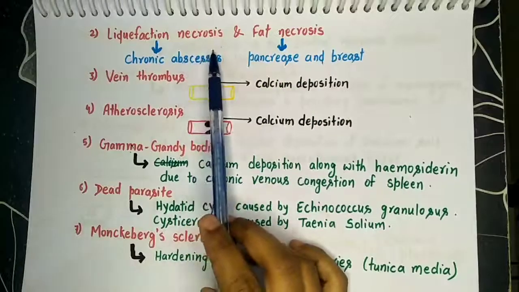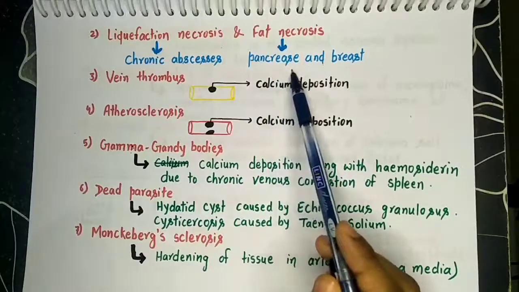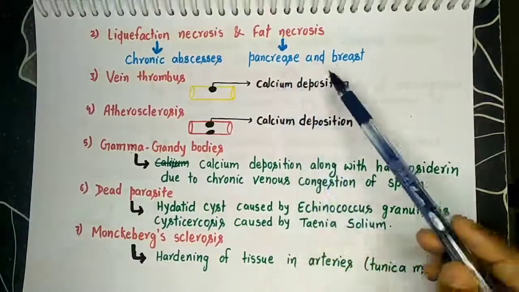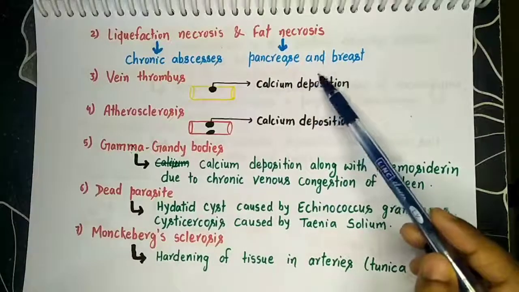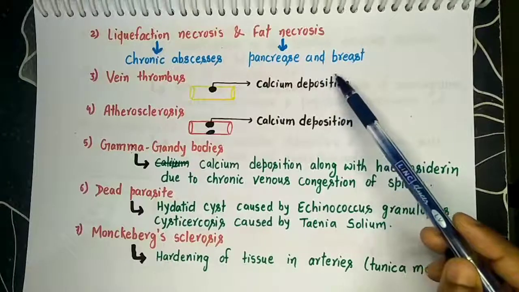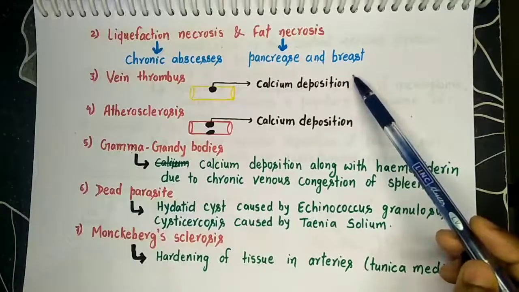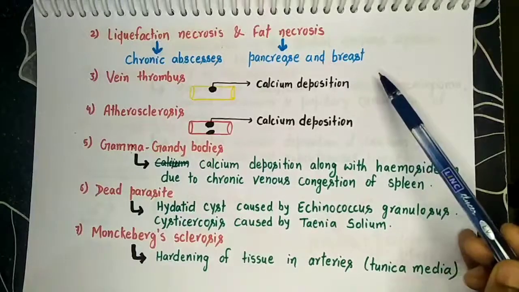Liquefaction necrosis means the solid structure of the tissue is converted into liquid. That means the outer architecture, outer membrane of the cell is distorted, totally dissolved, and the solid form of cell and tissue is converted into total liquid form.